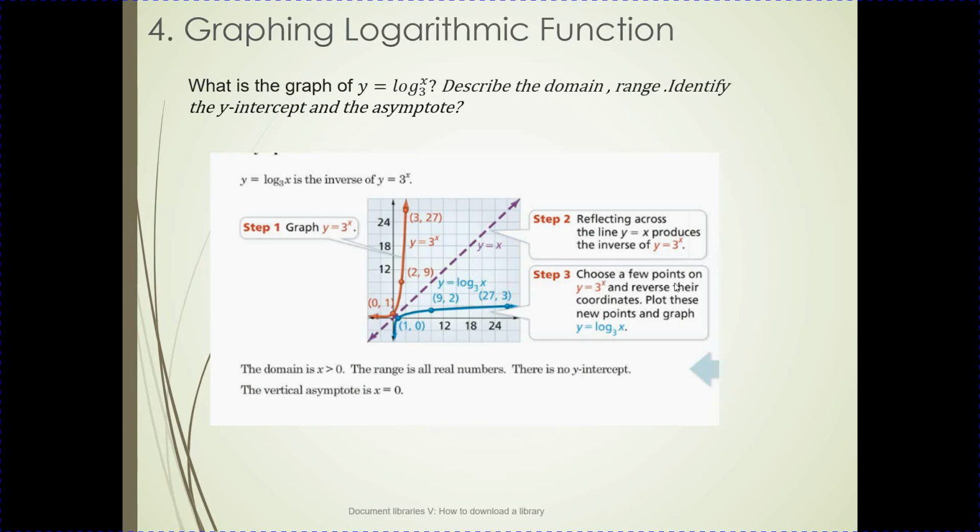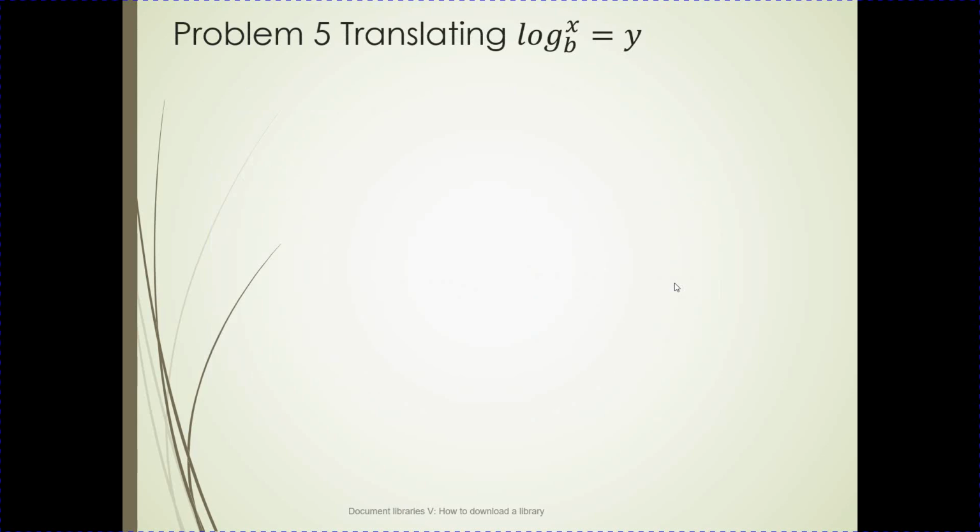Now let's go to the final problem, which is about translating the logarithmic function. How does the graph of y is equal to log of x minus 3 to the base 4 plus 4 relate to the parent function? The parent function for this one is log of x to the base 4.